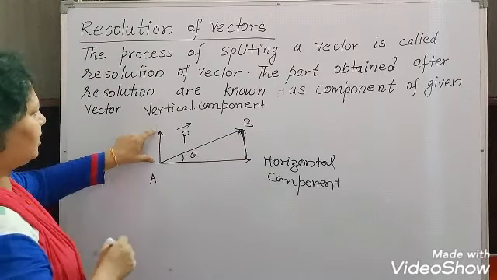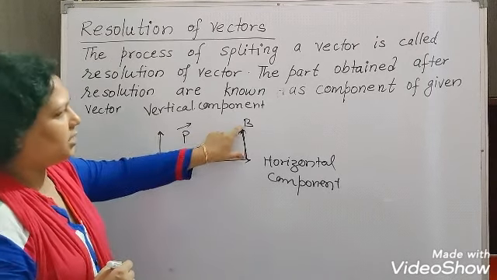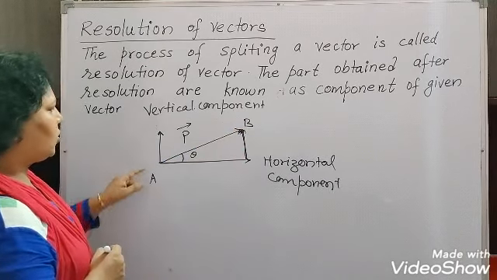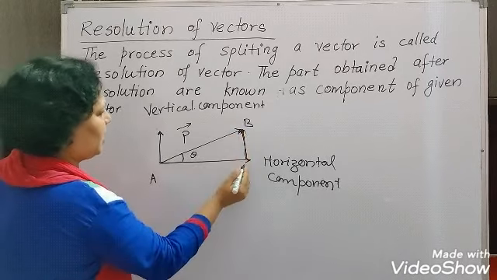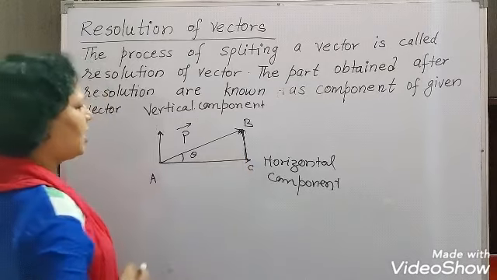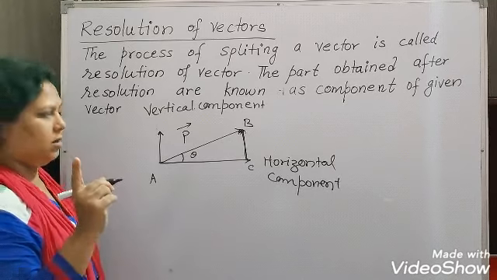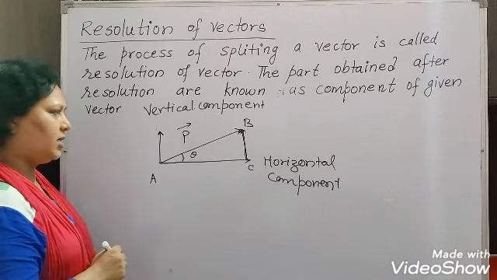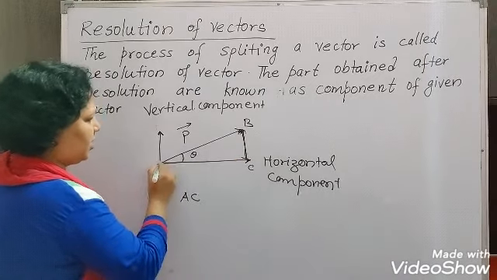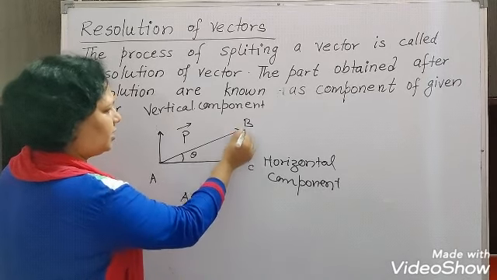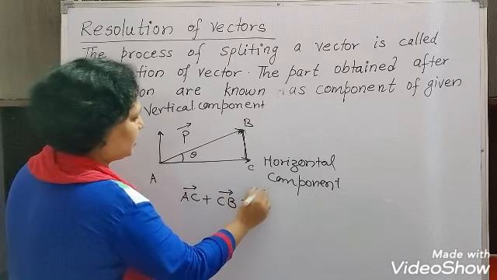So the vertical component represented here can be written here also. We make a triangle ABC. What we did is follow the triangular rule for the addition of vectors. So this is AC and CB. AC plus CB will give us P.